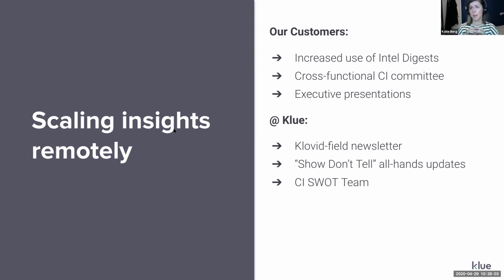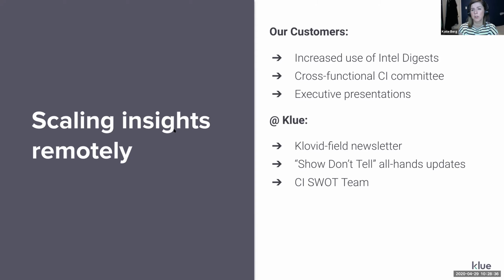So I think that CI teams are building newsletters for different stakeholders within their organization, specific to what information they'd find useful, be that your executive team or your product team, your sales or customer success or marketing. Different stakeholders have different needs for information, and Intel Digest or newsletters, I think, can be an effective way to share out right now.